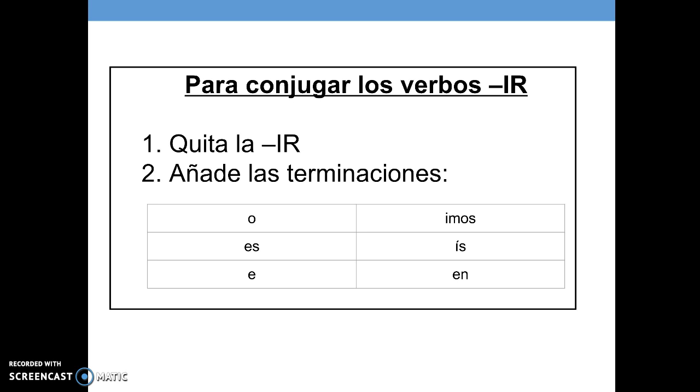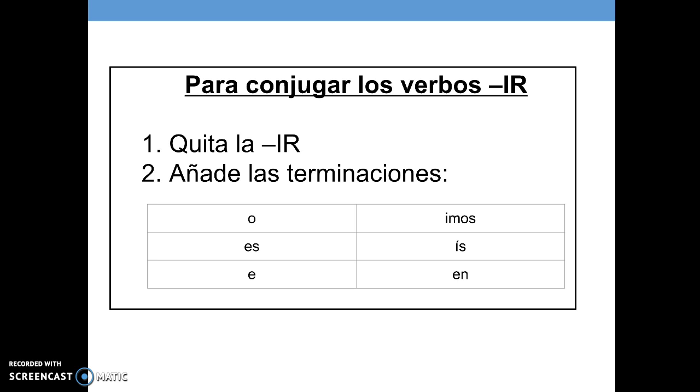The only thing that's different between these endings and the ER endings is that the nosotros and vosotros forms begin with the letter I instead of the letter E. If you're someone who's really visual, it may help you to underline or highlight those two endings that are different in another color to help you remember that there's a difference from the ER verbs in the present tense. Stop the video and then check your conjugations.